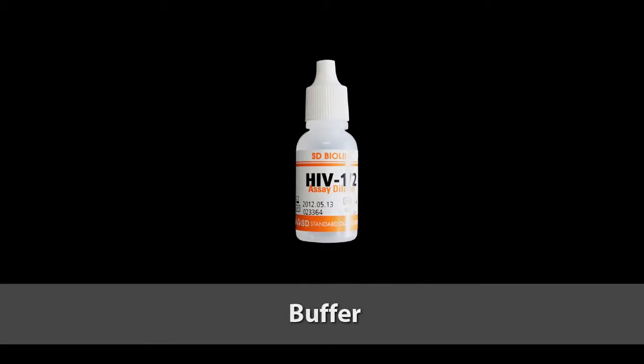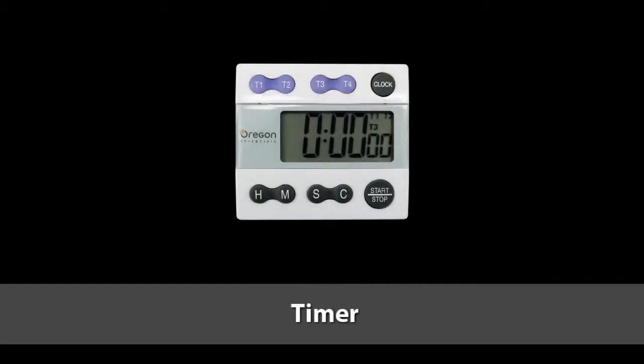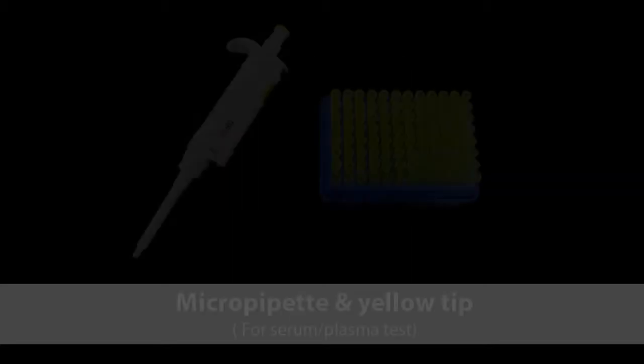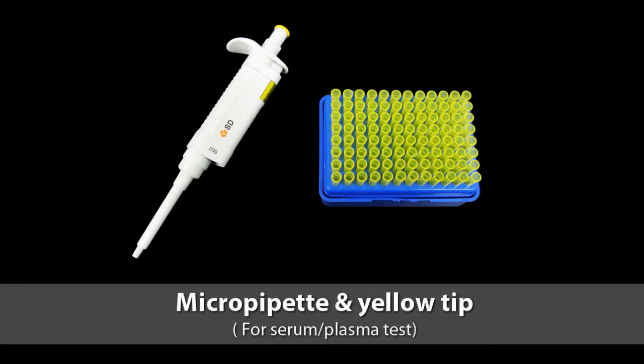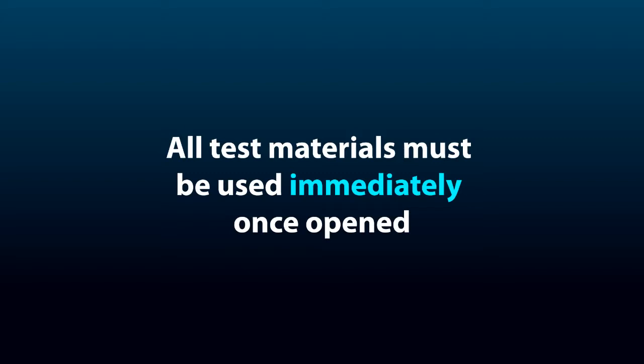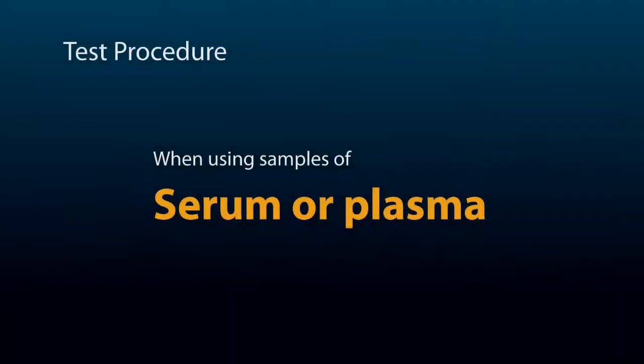Buffer. Timer. And for serum or plasma test, micropipette and yellow tip should be prepared. Now remember, all test materials must be used immediately once opened, when using serum or plasma.